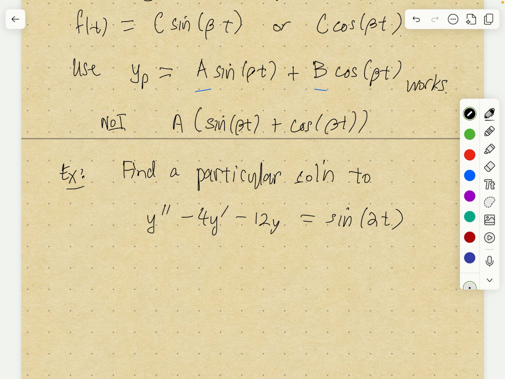Oh, you know what? I think in this case there might also be an issue if 0 is a root of the, let me think. Yeah, you might actually have to multiply by t.